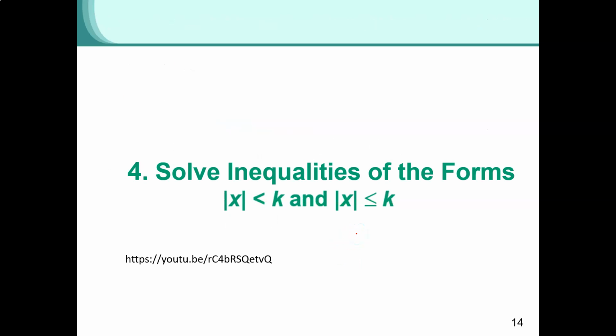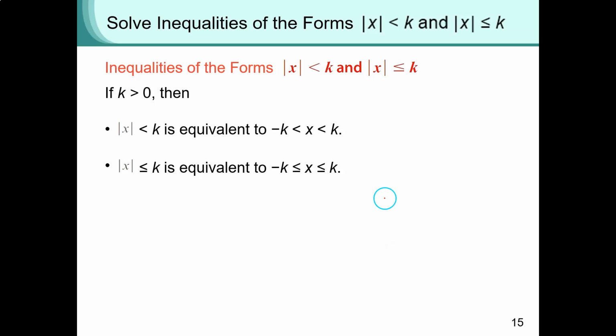The next one, we are going to solve for the inequality in the form of the absolute value. When you have the absolute value of x less than or less than or equal to, both of the symbols go in the same direction.